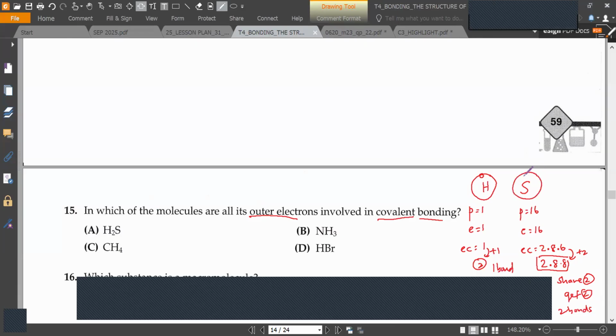Like this, 1, 2, 3, 4, 5, 6. So hydrogen sulfide will be like this. Sulfur in the middle, and then hydrogen like this.